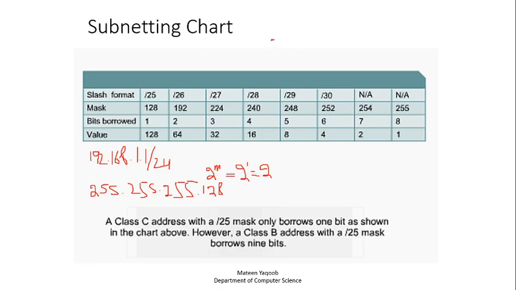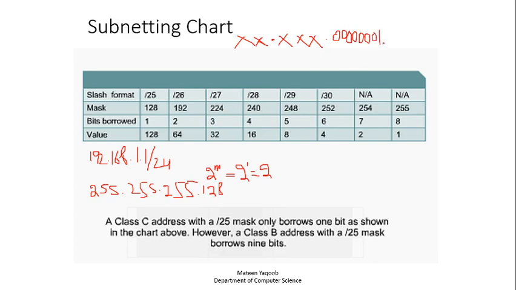The first portion is of 192, let's call it x. The second portion is of 168, also x, and x. The third portion is of 1. So there are 7 zeros, 2, 3, 4, 5, 6, 7, and 1.